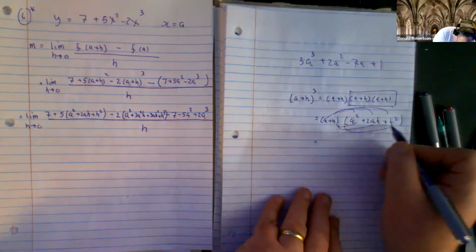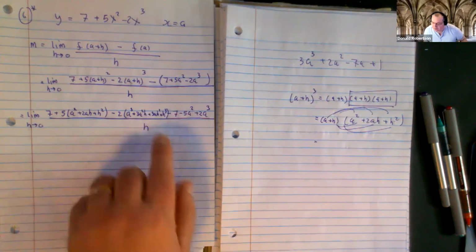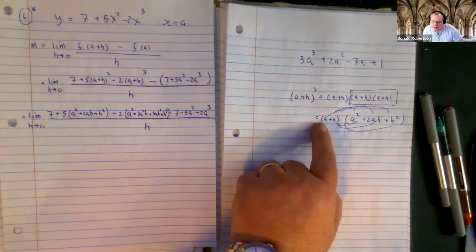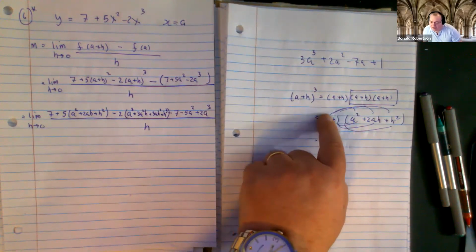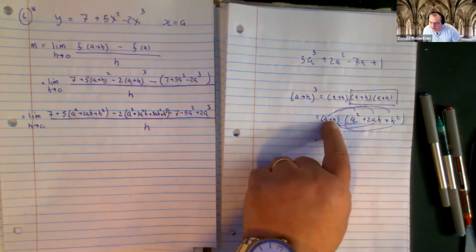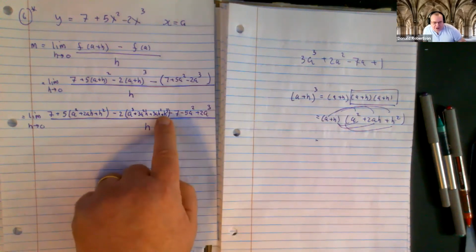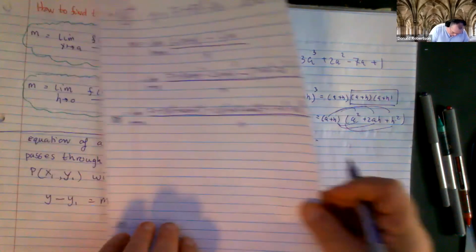If you do all of that, can you trust me, this is what you eventually get. So if you're wondering where all these a cubes and 3a squares came from, it was a plus h times these three. So you take the top guy and you multiply him, you multiply him, you multiply him. Then you take the h and you do the same 3, you collect all the like terms and you get that. That's something for you to check later.